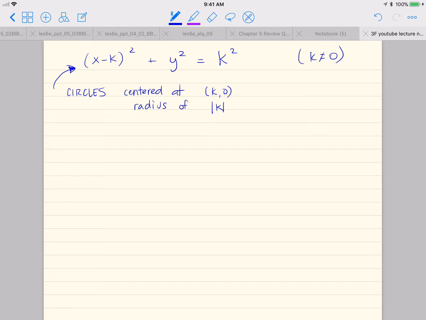Or actually, I should put the absolute value of k for the radius. And remember, that's just going back to the general format for the equation of a circle: (x minus h) squared plus (y minus k) squared equals r squared, center h comma k, radius r.